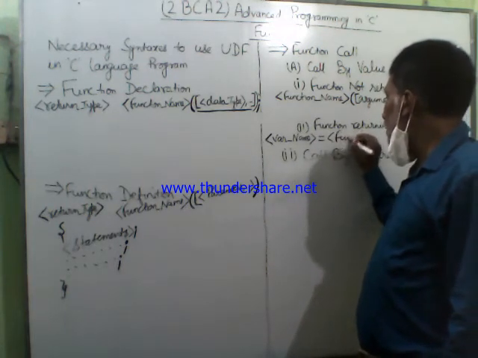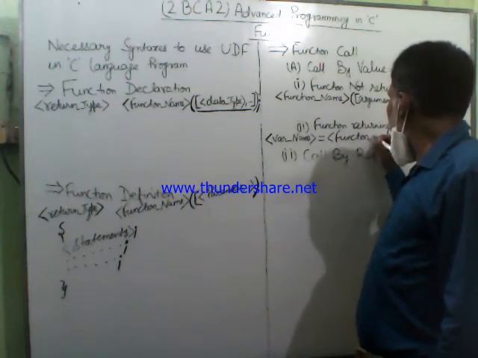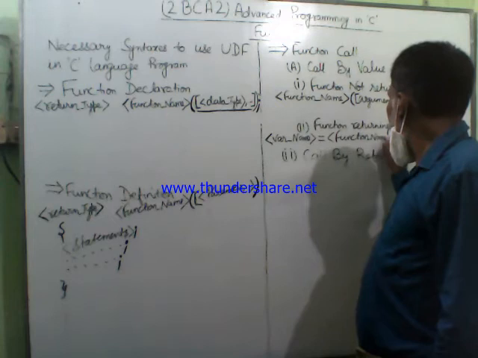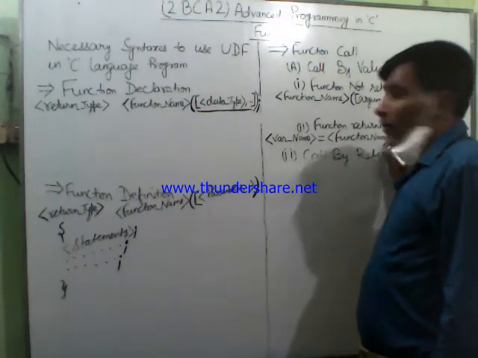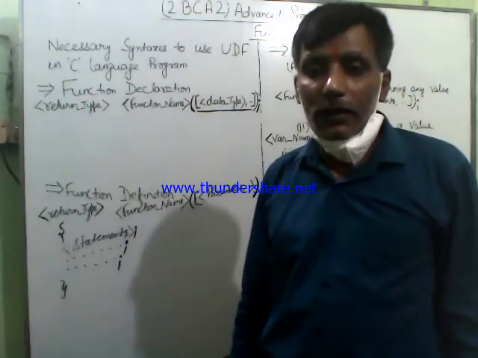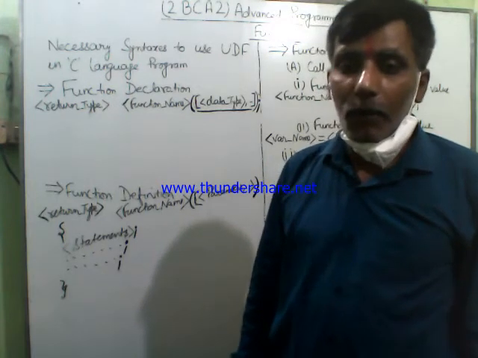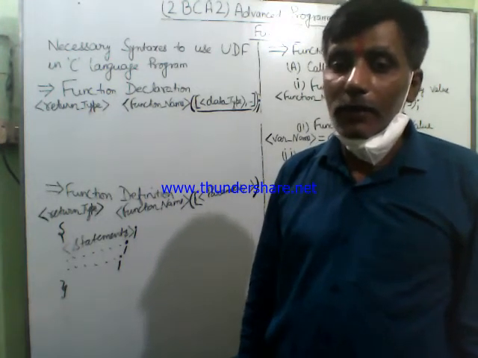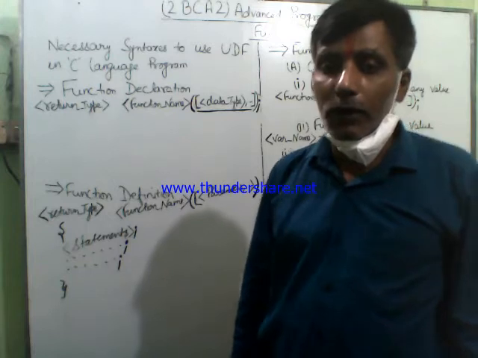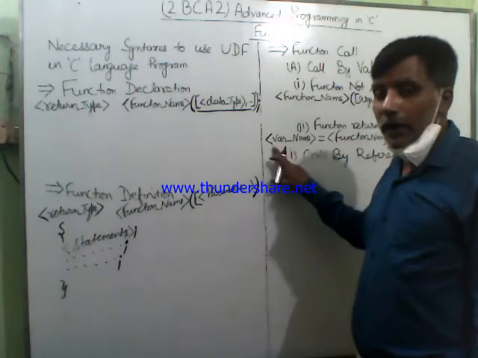Var name is equal to function name. When you are going to use such a user-defined function that is returning some value in the line in which you call it, then you have to use the syntax that I have put here on the board.